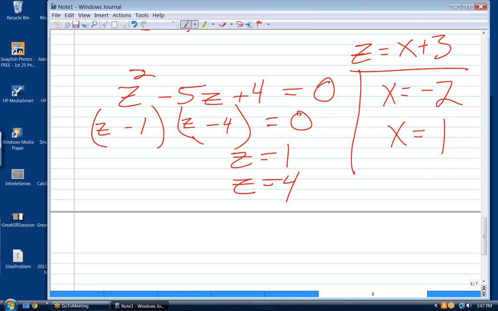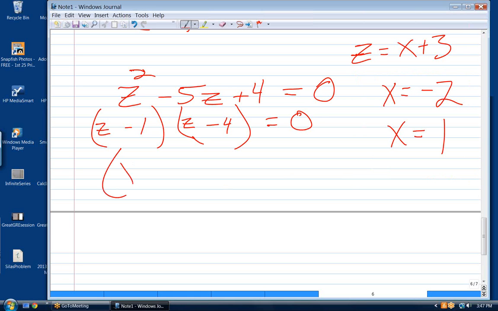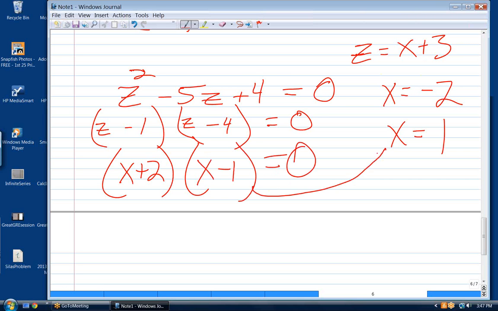Okay, so there's the two solutions, and we solved for z the first time. Notice that if we do it the other way, it'll give us the same two solutions. In other words, if I plug in x plus 3 minus 1, that would be x plus 2. If I plug in x plus 3 minus 4, that's x minus 1. And then if I solve those, I get that and that.